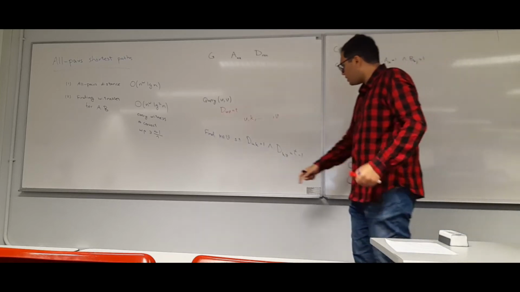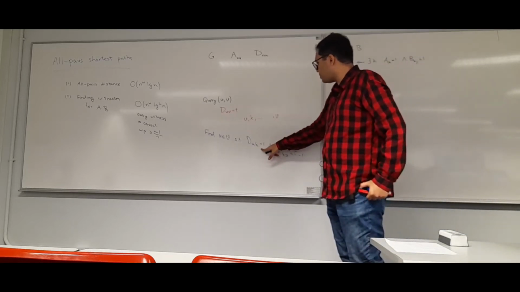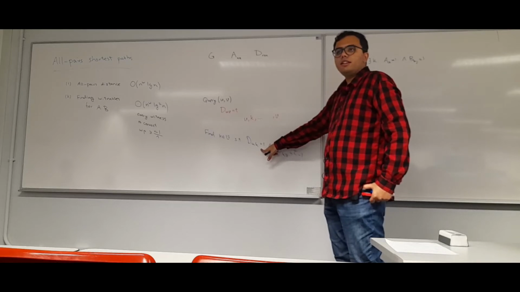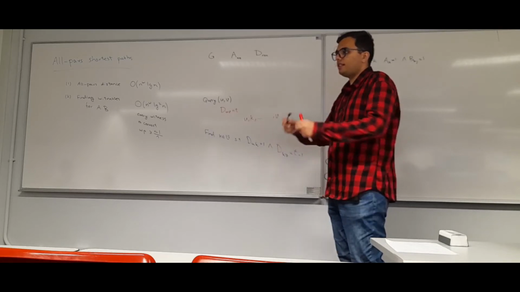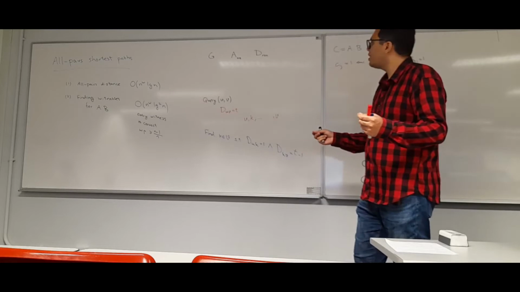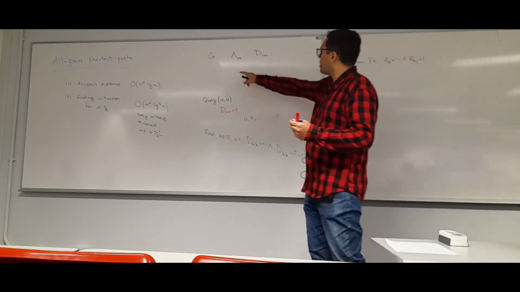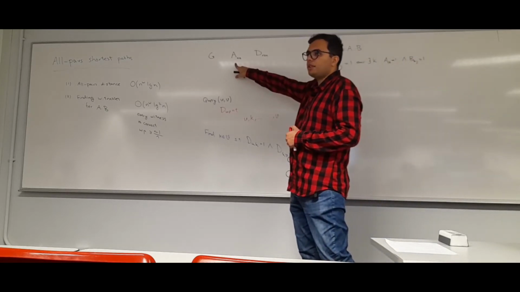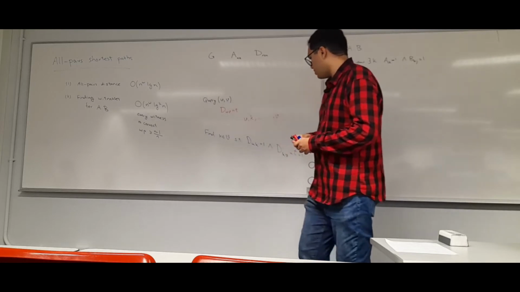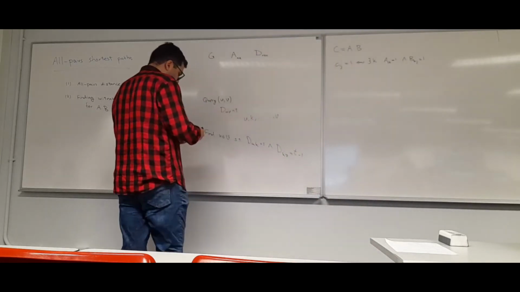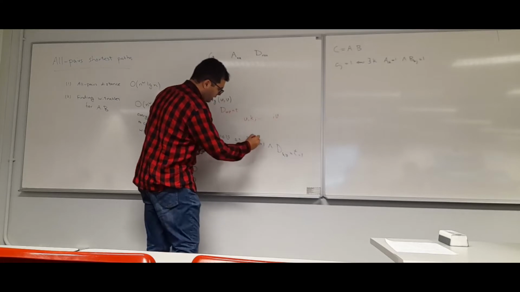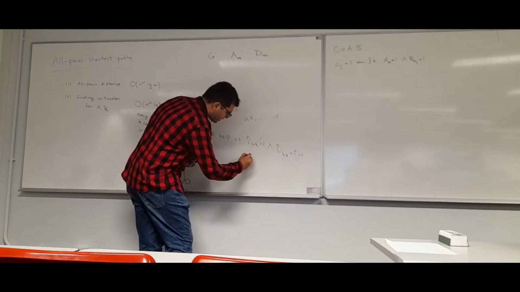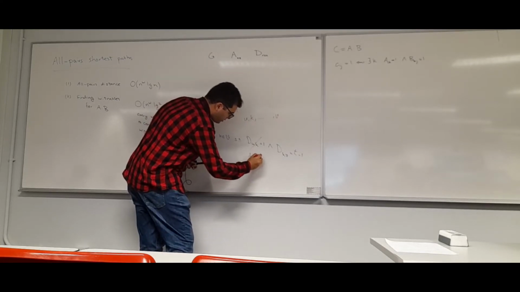Okay, so what can I say if the distance from U to K is 1? What does that mean? That means that there is an edge from U to K. So they are adjacent. So in the adjacency matrix, it would also be 1. So I can say that instead of d_UK equals 1, I can just say that A_UK is 1.